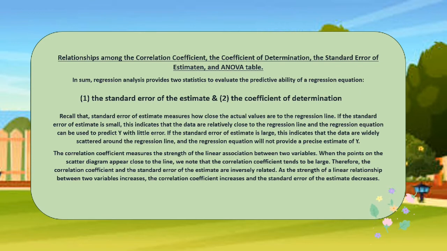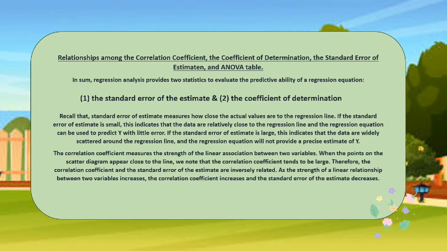If the standard error of estimate is small, this indicates that the data are relatively close to the regression line, and a regression equation can be used to predict y with little error. If the standard error of estimate is large, this indicates that the data are widely scattered around the regression line, and the regression equation will not provide a precise estimate of y.